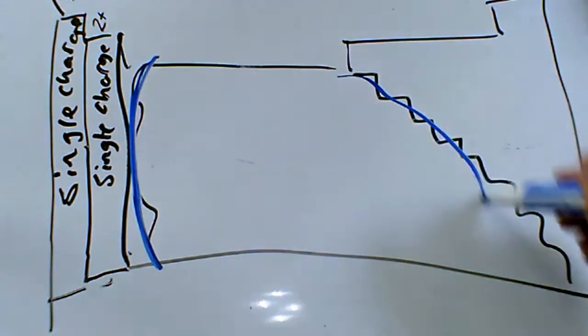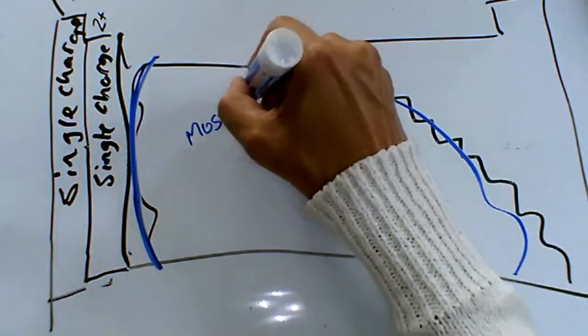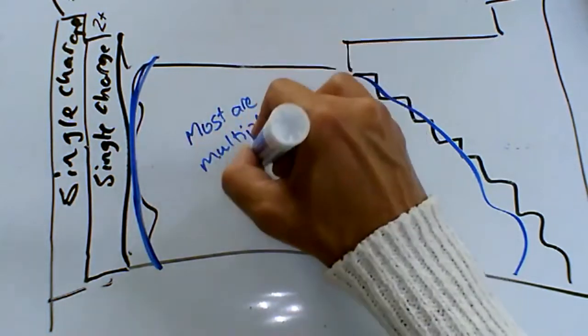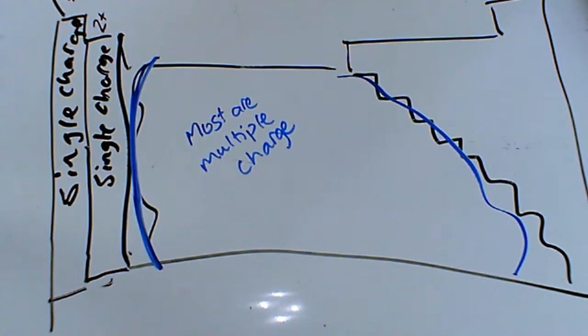But most of the transition metals are multiple charge. Now, I unfortunately do not have a periodic table sitting in front of me. Most are multiple charge, right?